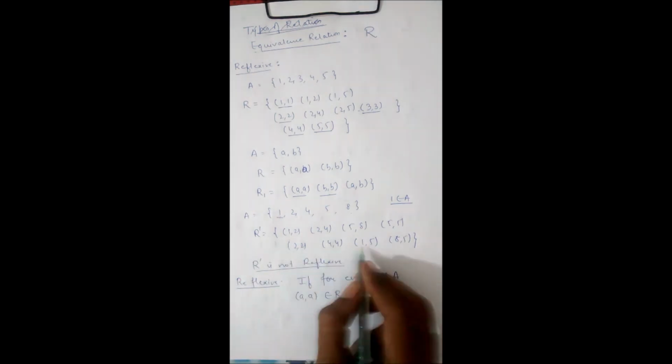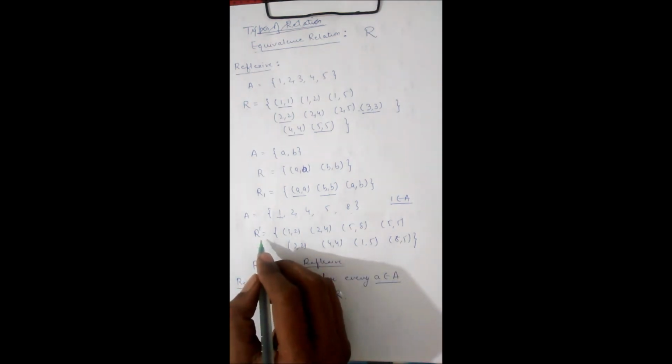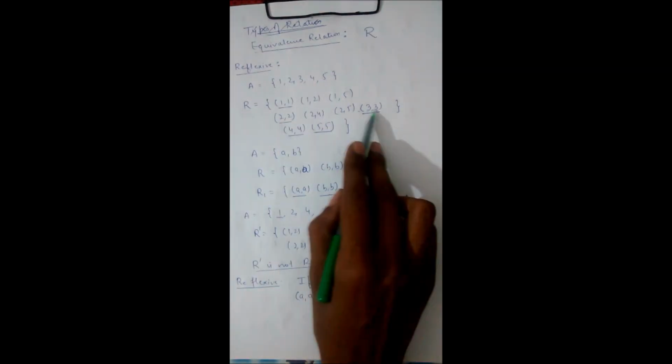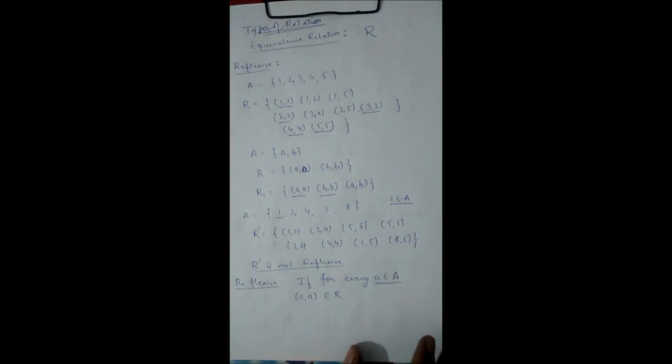But (1,1) is not there, so R' is not reflexive. Clear? Here I have 1 belongs to A, (1,1) is there, then (2,2), then (3,3), then (4,4), then (5,5). R is reflexive on the set A.